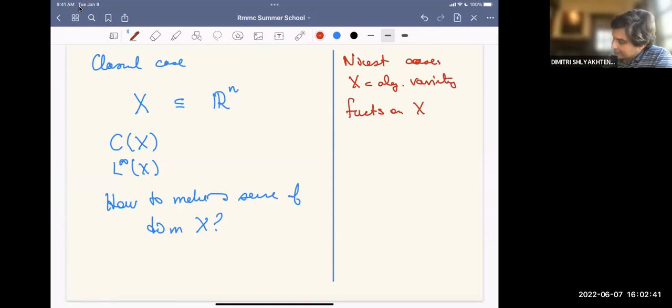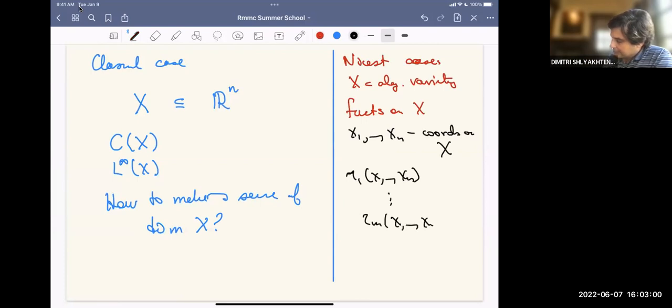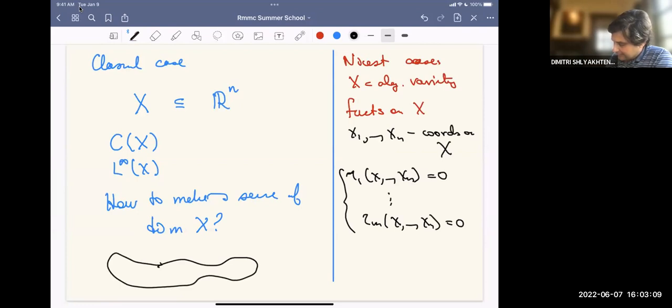So you have some equations, you have your coordinates, say x1, ..., xn, they are coordinates on X. But then you have some relations, let's say R1(x1, ..., xn), ..., Rm(x1, ..., xn), they hold true, right? Some equations are true. And so that describes your set. So your set is some nice thing like this, say a two-dimensional surface or something like this sitting inside R^3.